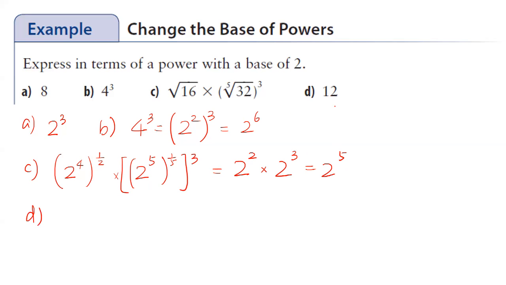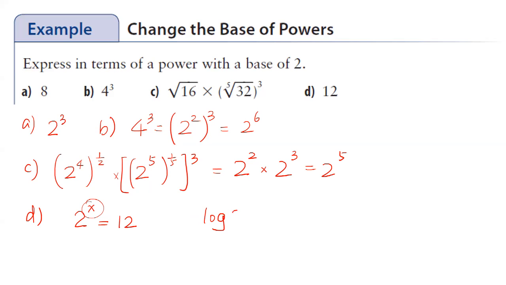Okay, question D. This may seem not straightforward at the beginning, right? So basically we want to find 2 to the power of x, which equals 12, right? And we need to solve the value of x. So note here we can take log base 10 of both sides.